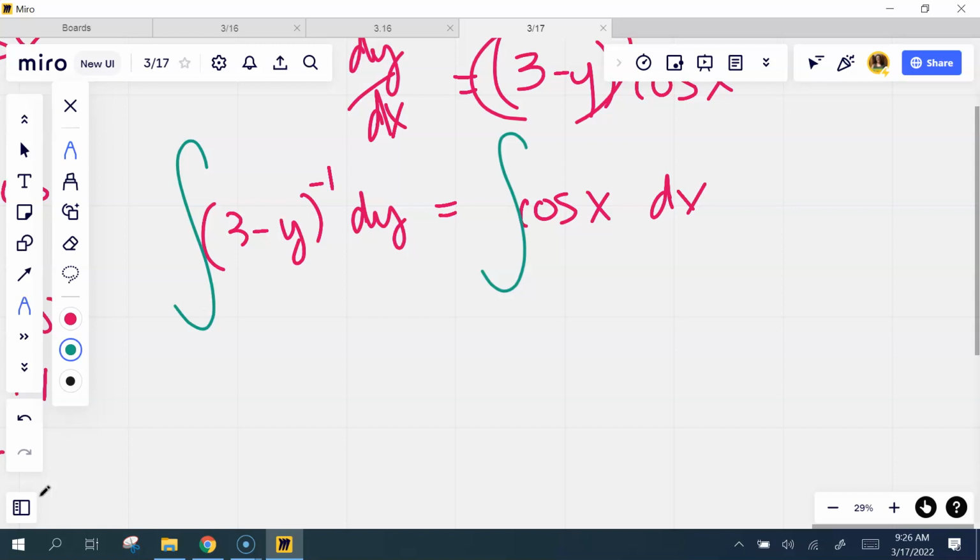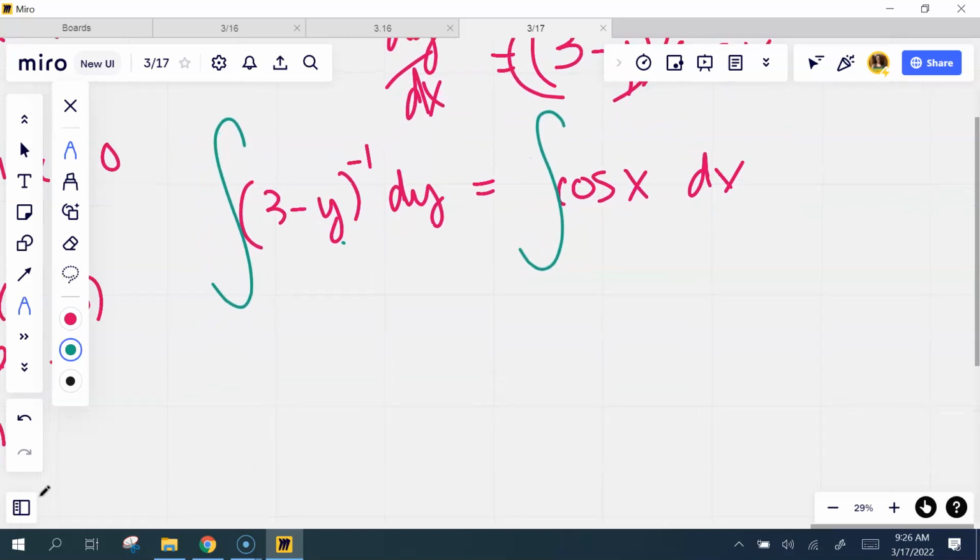All right. This is a natural log, but it's got a -1. If you think about the u substitution, right, du would be -1 dy. So I need a -1, right? So this is going to be negative natural log 3 minus y.